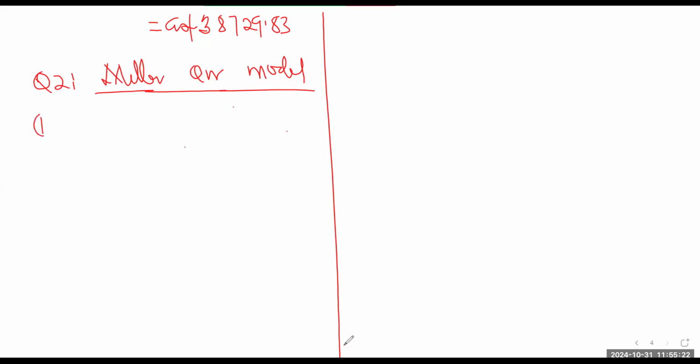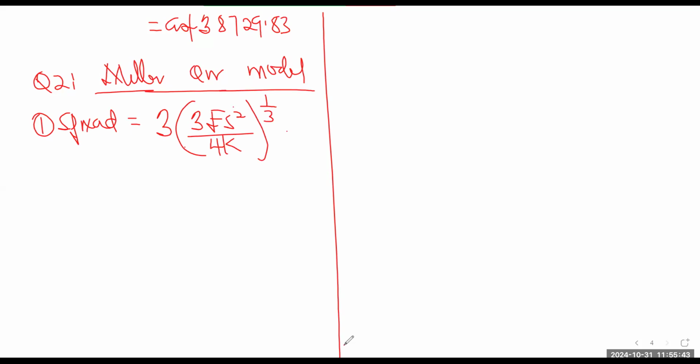The spread is 3 multiplied by 3F S squared over 4K, all to the exponent 1/3. I hope that is fine now.